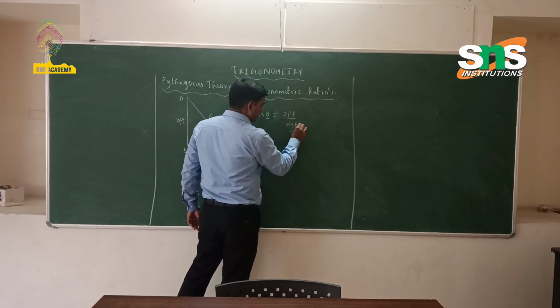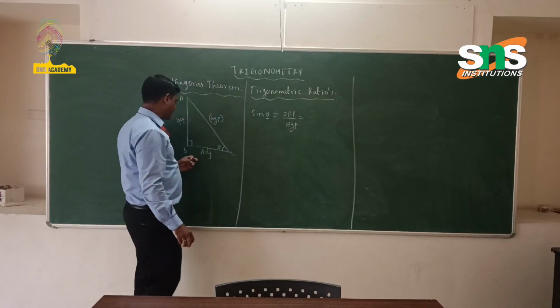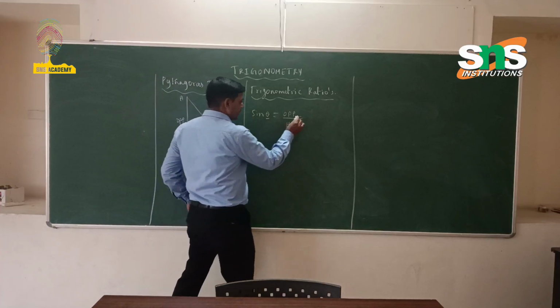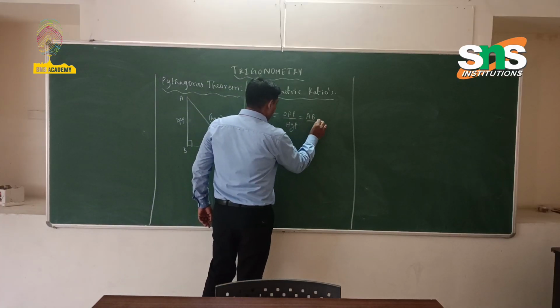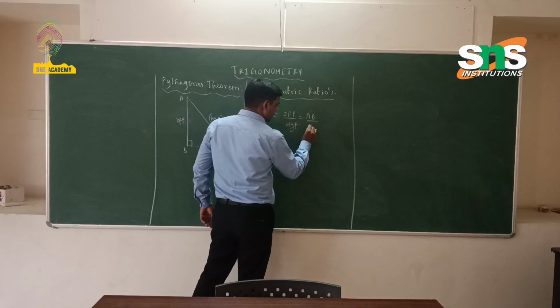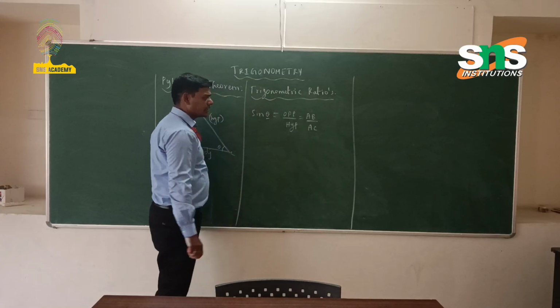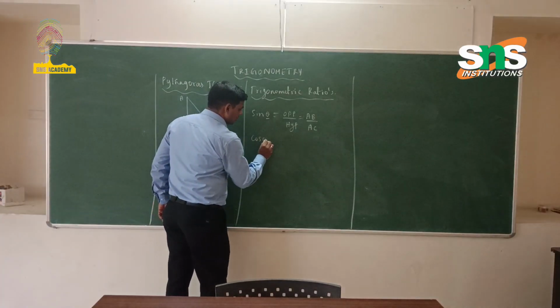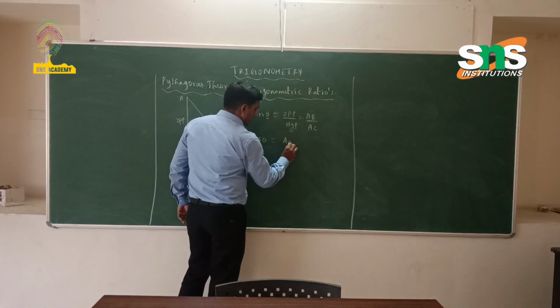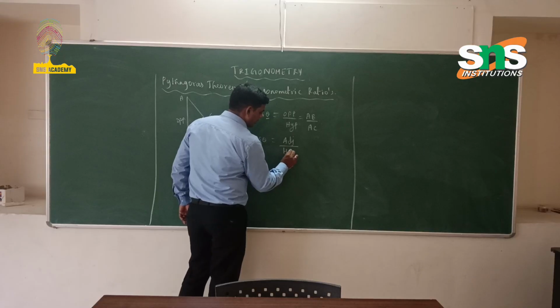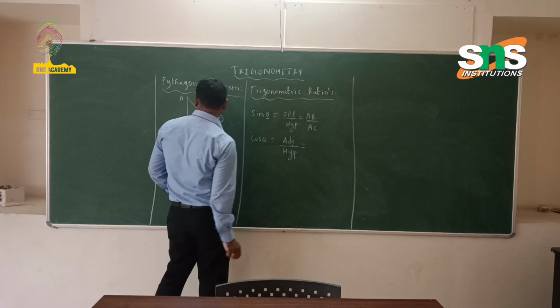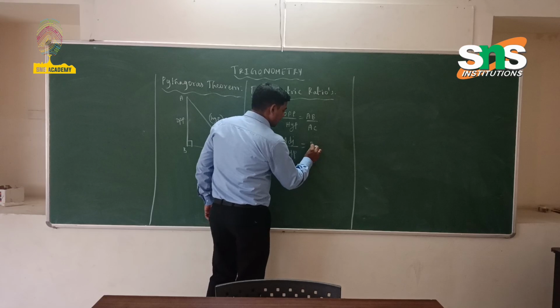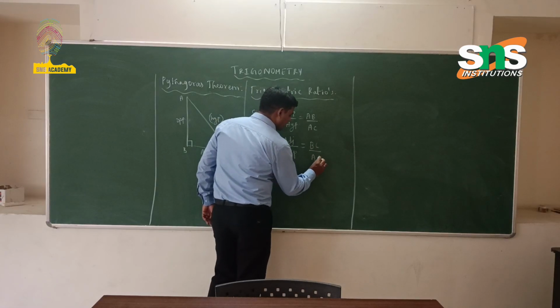Here the opposite side is AB, divided by the hypotenuse AC. Sin theta is opposite by hypotenuse. Then cos theta is equal to adjacent by hypotenuse, that is BC by AC.